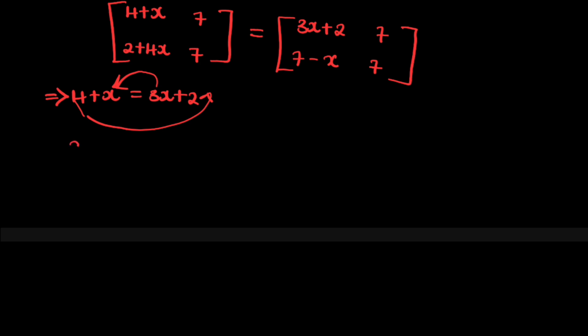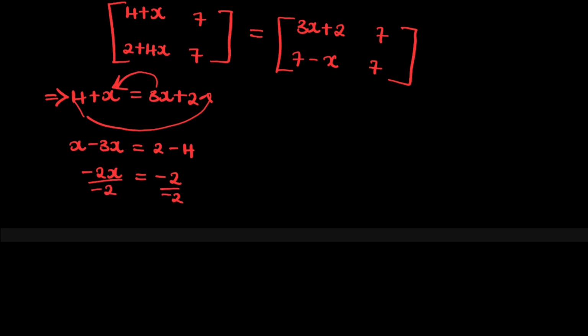So we have x minus 3x equal to 2 minus 4. This gives minus 2x equal to minus 2. If we divide both sides by minus 2, then we would find our value of x. So as you can clearly see, our x is equal to 1.